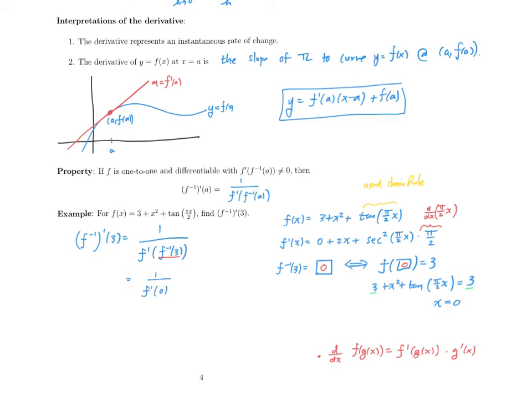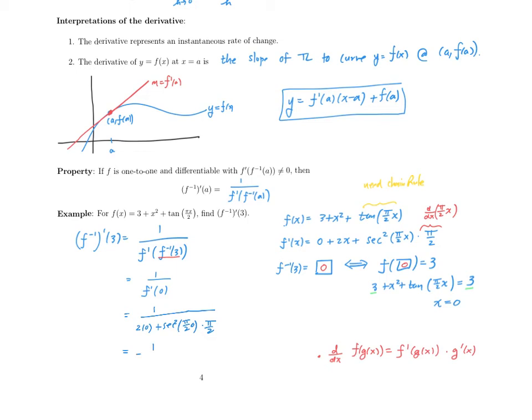And lucky for us, we've already differentiated f, so now we simply go to that formula for f prime and we substitute in 0. So that would be 1 over 2 times 0 plus secant squared of pi over 2 times 0 times pi over 2.